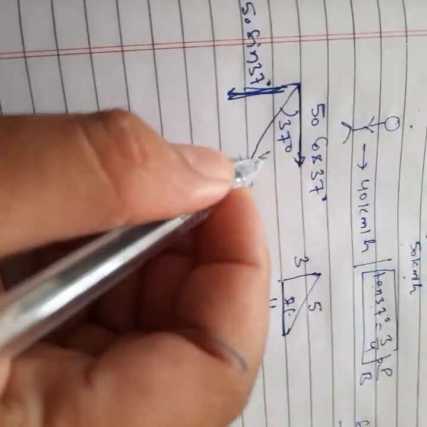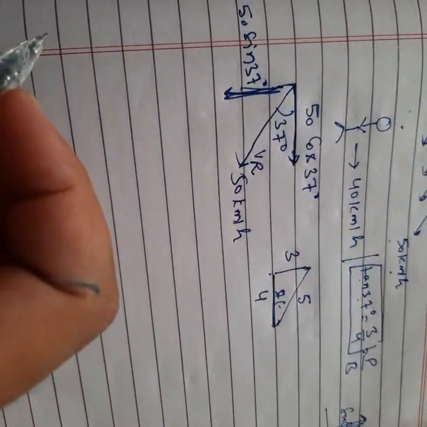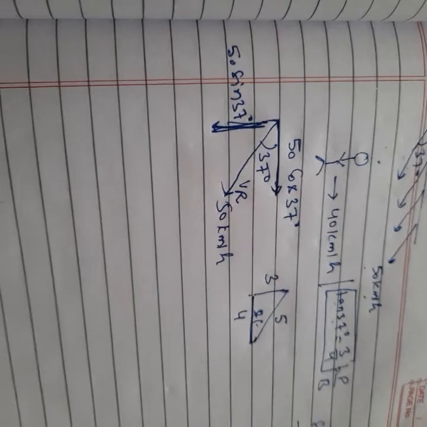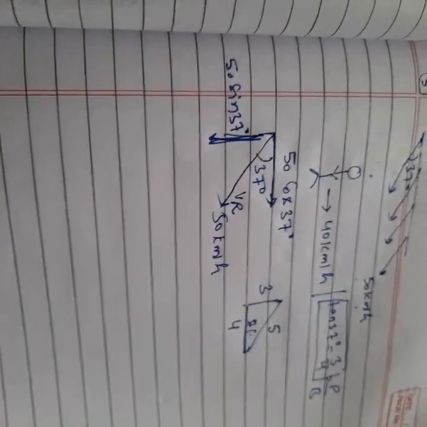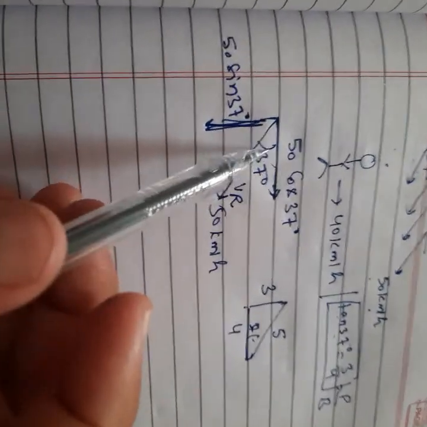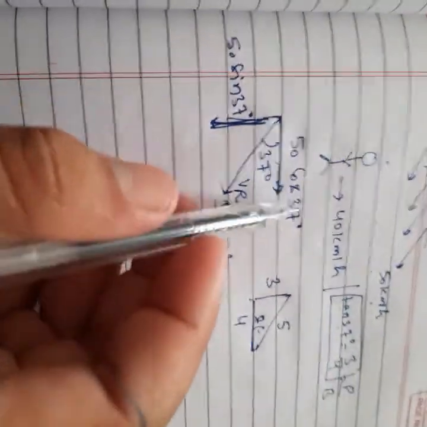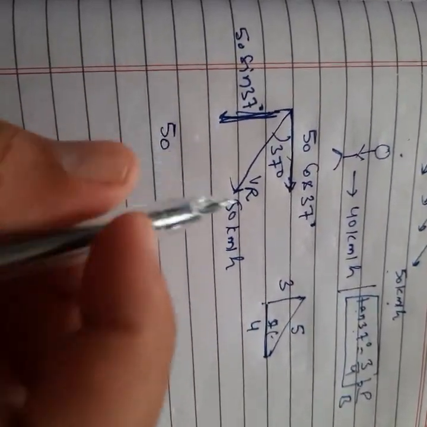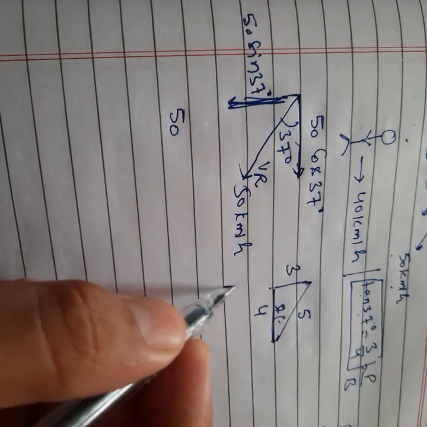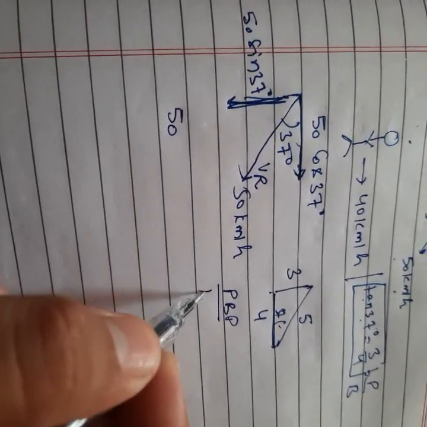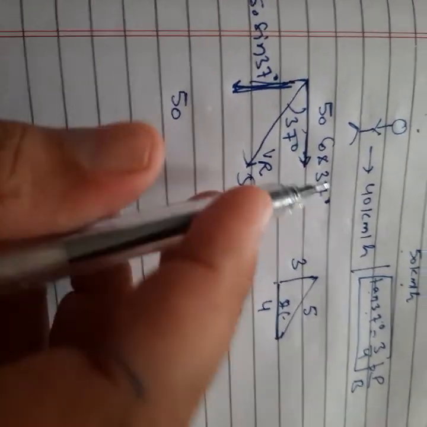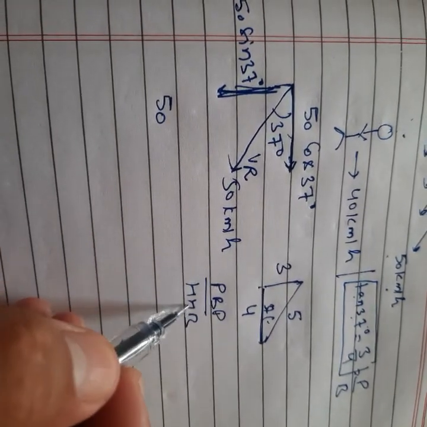So we can say velocity of rain, VR. We have to convert this into component form, into x-axis and y-axis, for finding the direction. Find out this value, 50 cos 37 degrees. Cos means base upon hypotenuse.